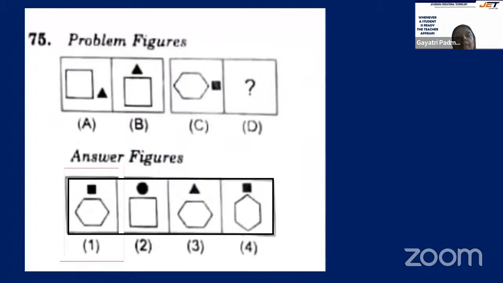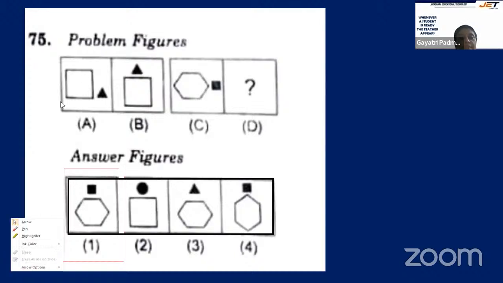Yes. With this, we are moving on to the next question, which is very simple, but you need to focus because there could be some small thing that we usually miss seeing in the problem figures, right? So 30 seconds is given to you, students. So before that, you should try to give the answers, right?